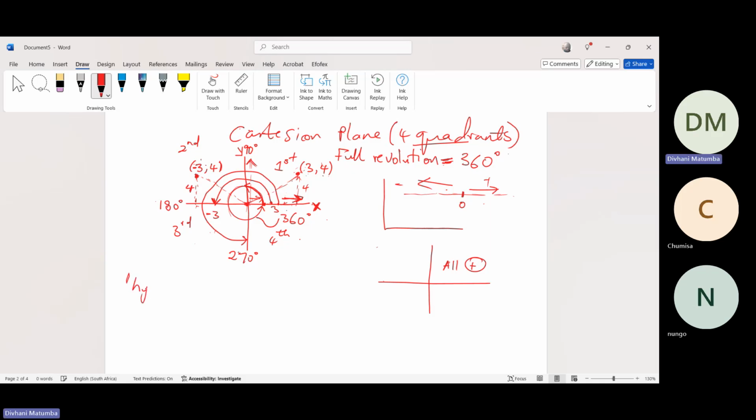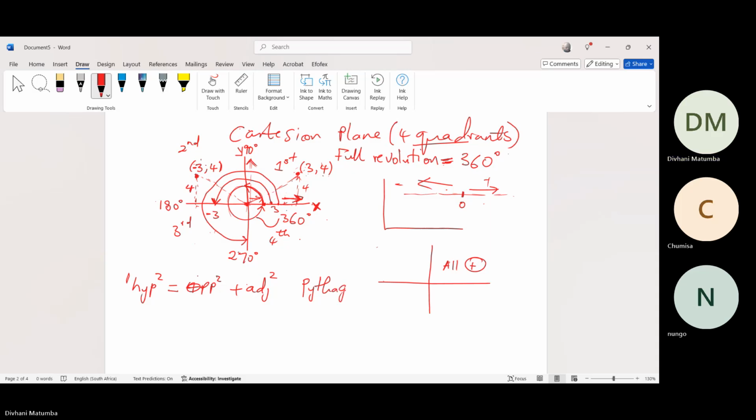The hypotenuse squared is equal to opposite squared plus adjacent squared. Do you guys remember the theorem of Pythagoras?